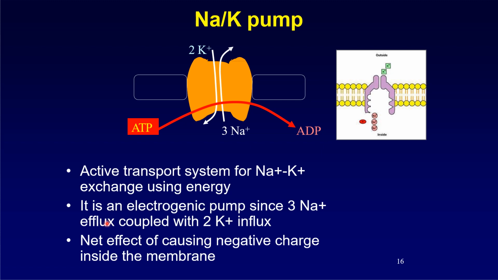Efflux means moving out, influx means moving in. The net effect is causing negative charge inside the membrane, because more positivity is going out and less positivity is coming in. So 3 minus 2 is 1, and the inside of the cell is already negative because of organic phosphates and anions, so there will be negativity produced inside.